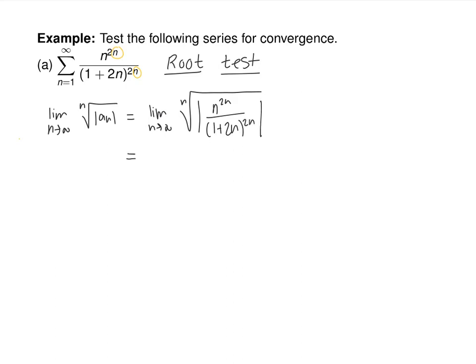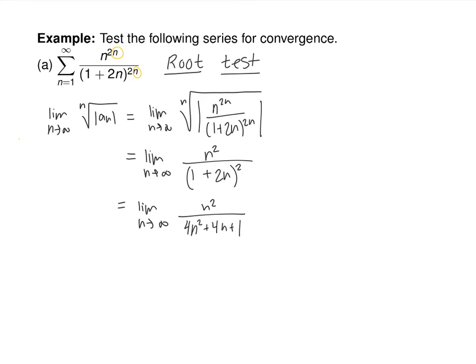So the nth root will cancel those nth powers, leaving us just some squareds. So it'll be n squared over 1 plus 2n, the quantity squared. And if I expand that quantity out, that will be n squared over 4n squared plus 4n plus 1.